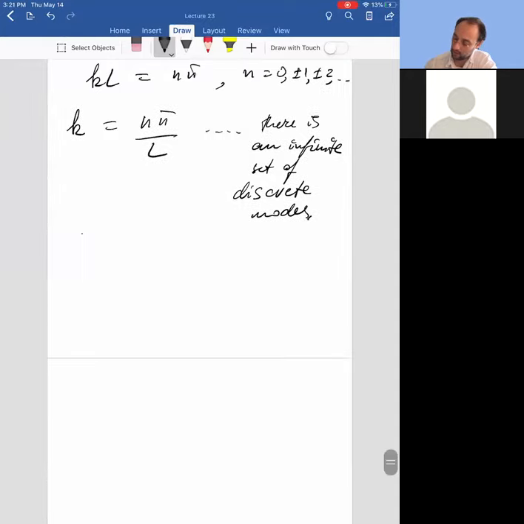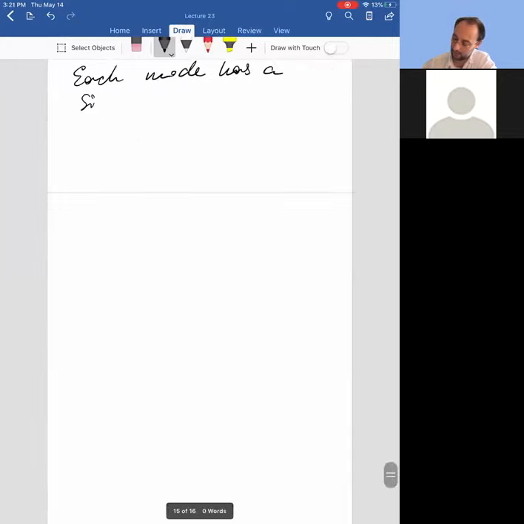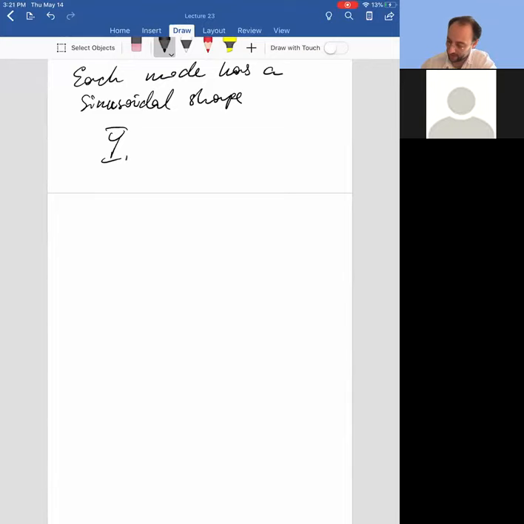Each mode has a single shape. We have y sub n of x equals a sub n sine of kn x, where kn equals n pi over L.